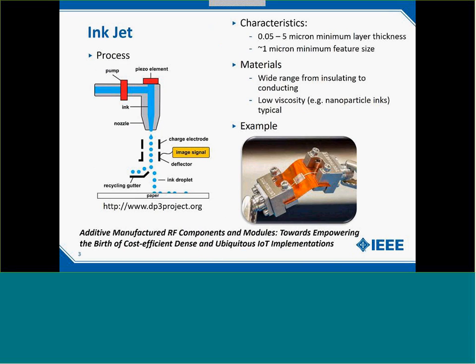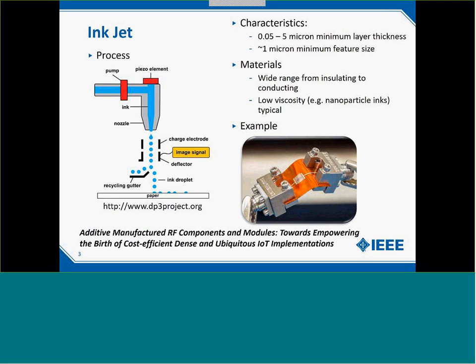So inkjet, of course, the process is very familiar to many because it's essentially the same technique used in low-cost printers, which many people have at home. Of course, for advanced additive manufacturing, there are some special capabilities in terms of types of materials that can be used and the feature sizes.